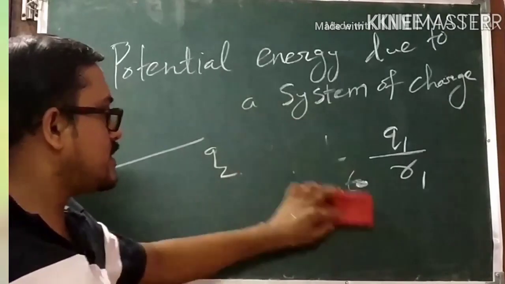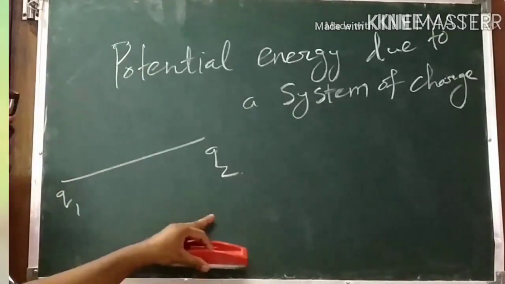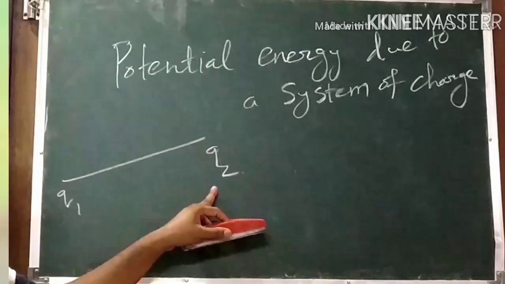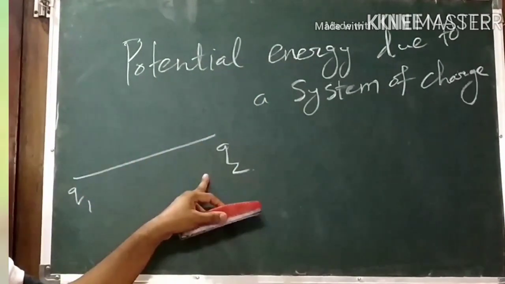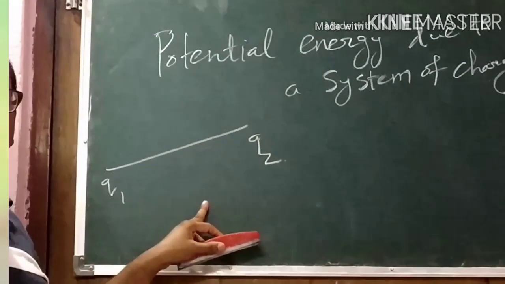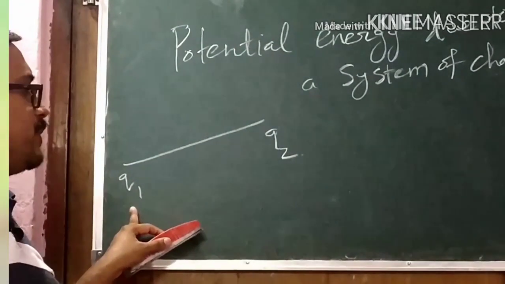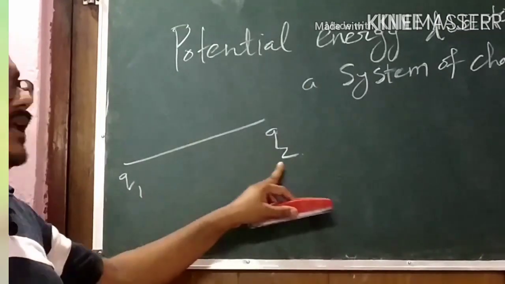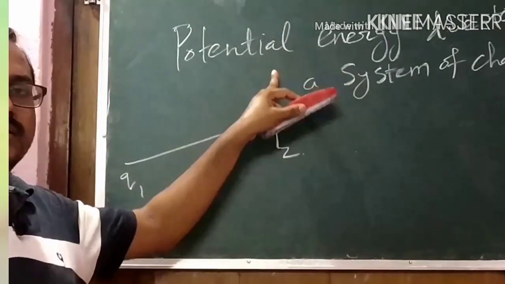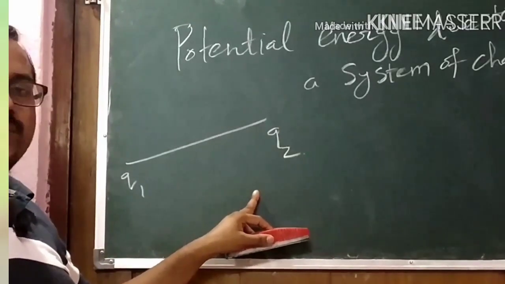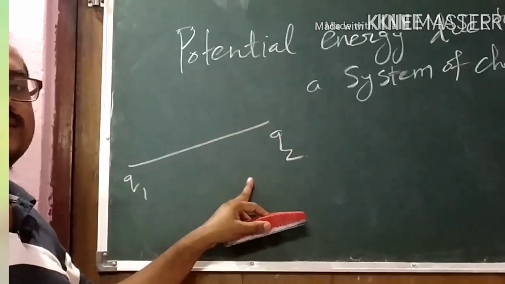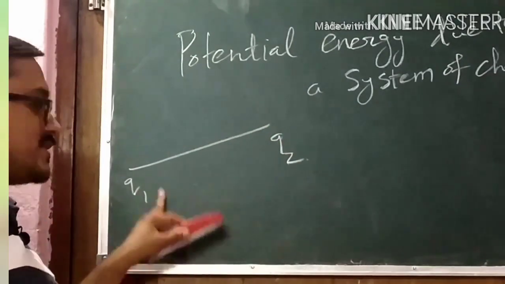The amount of work done in bringing the charge Q2 from infinity to R2 is equal to Q2 times the potential at R2 due to the charge Q1.